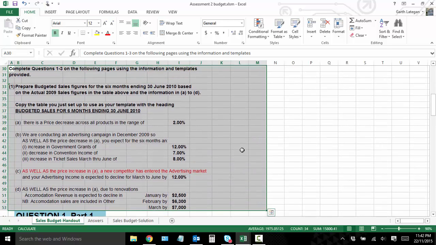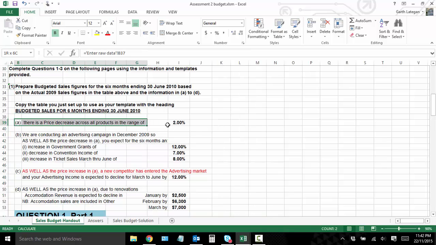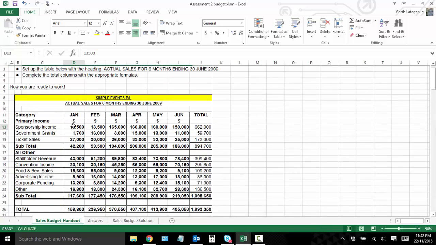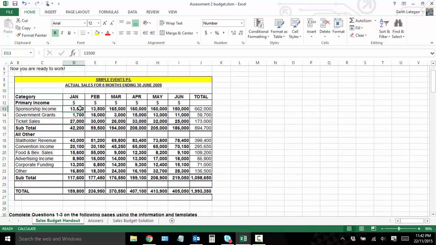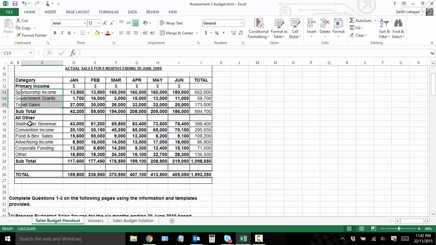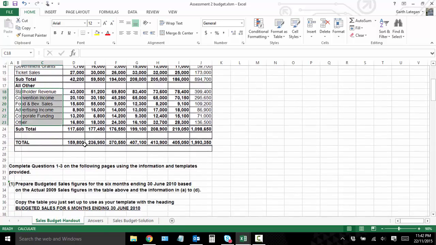Sometimes it can be a bit hard to take the information in, but once it's been read, start at A. It says there is a price decrease across all products in the range. So basically, this is what our sales were, and all these sales over every item, sponsorship, government grants, tickets, are going to be decreased by 2%.